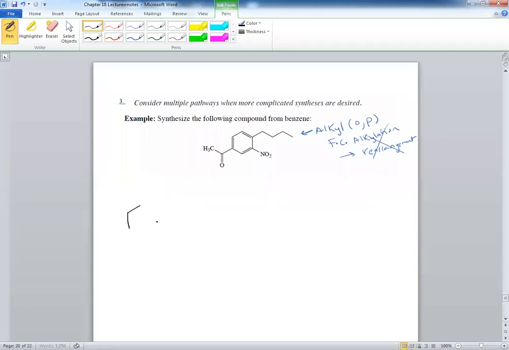Start with the benzene ring. And let's start by adding this as an acyl group, and then we can reduce it. In this case, you need to count how many carbons you have in that chain. You have 1, 2, 3, and 4.